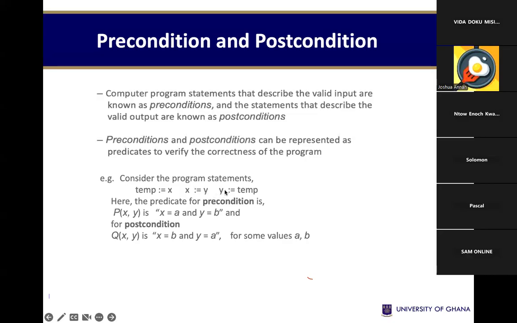And lastly, we are now going to assign what is in temp to the variable Y. We already know that the value of temp initially was X, and that X, we already know the value to be A. So when you get here, temp contains the value A. If you're assigning temp to Y, then we are assigning what is in temp, which is A, to Y. That's why at the end, we realize that Y also contains an A. So far, so good.